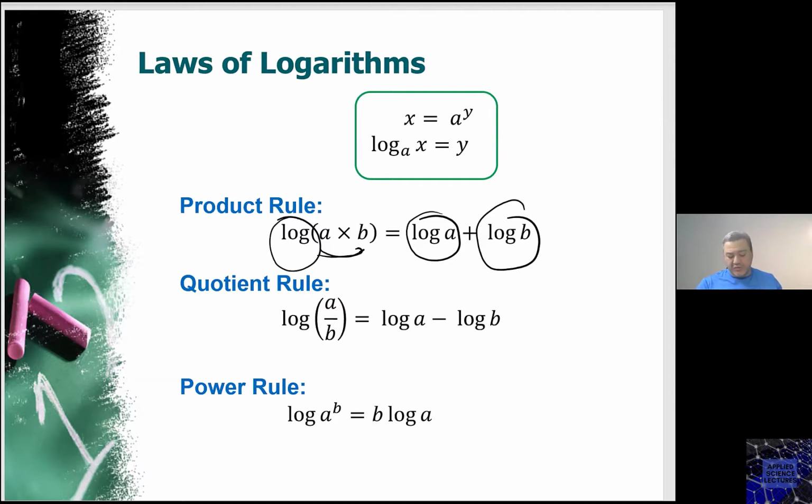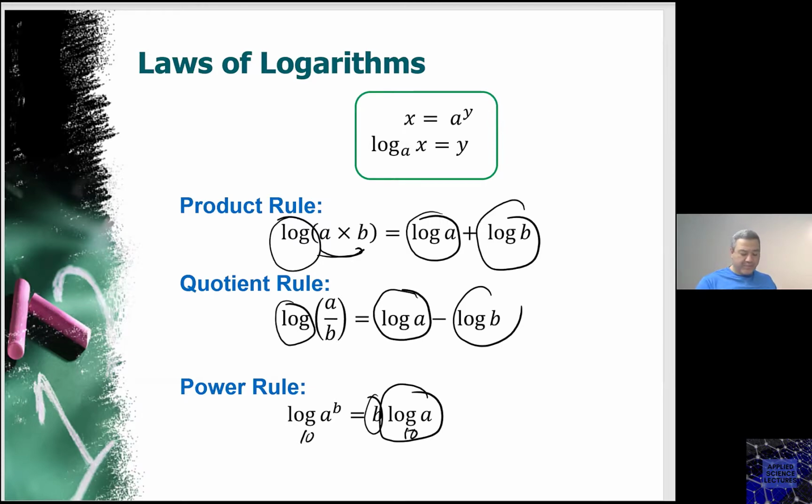The quotient rule: if I am dividing a number by another number and taking the logarithm of this fraction, then it will be the logarithm of the numerator minus the logarithm of the denominator. Power rule, again with a base of 10: in this case, it will be the power times the logarithm of 10 for the number A.